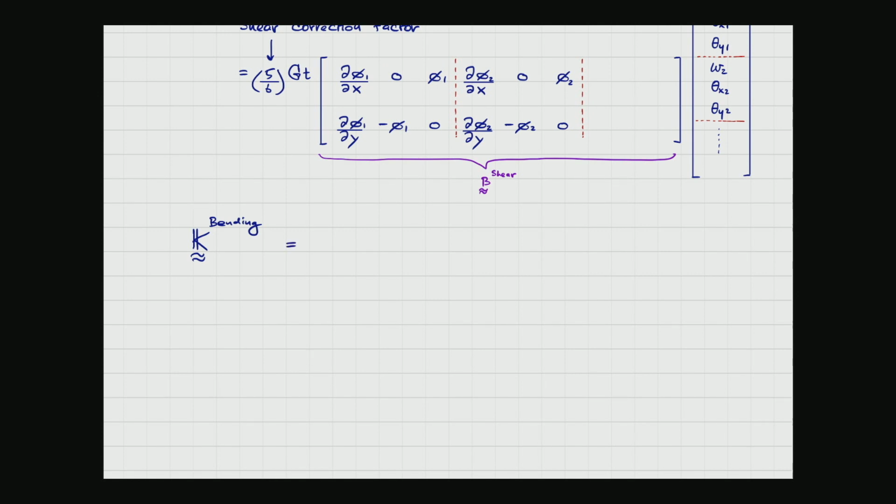The first part, integration of the B bending transpose, D for bending, and the B for bending, dx dy.